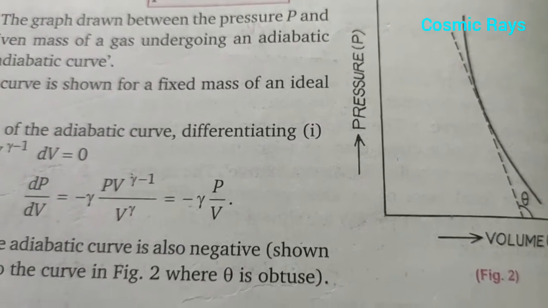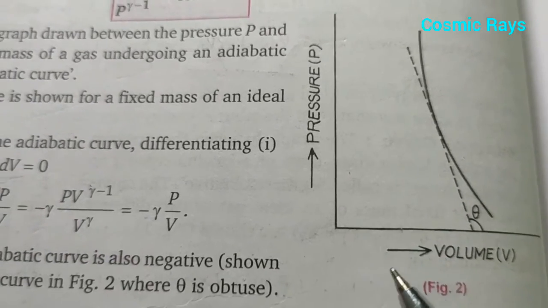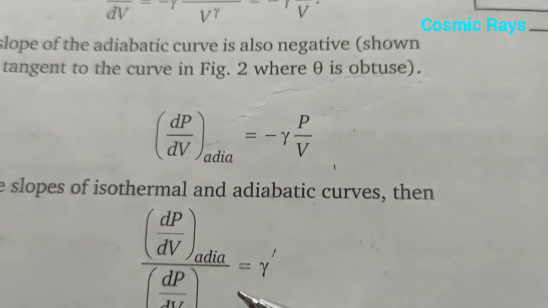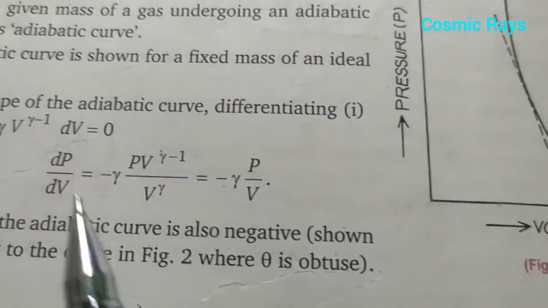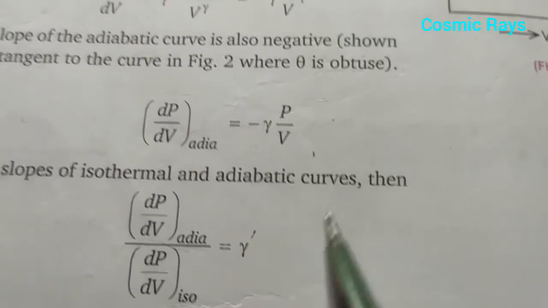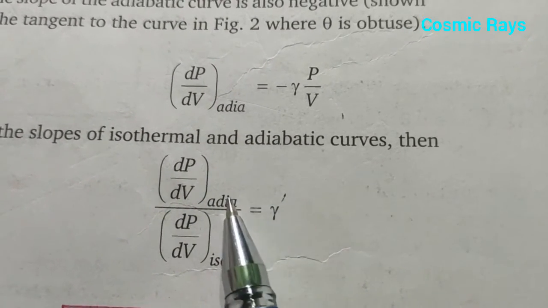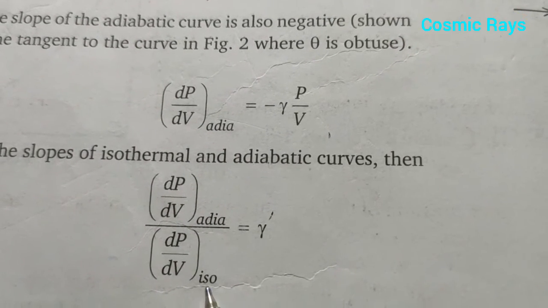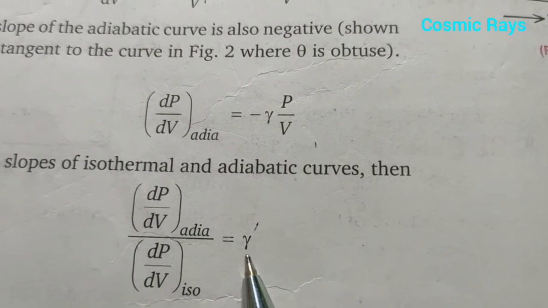Now we will compare the slope of the isothermal curve and the slope of the adiabatic curve. The slope of the isothermal curve, if you remember, is minus P upon V, and the slope of adiabatic curve is minus gamma P upon V. So when we take the ratio for adiabatic, slope of the adiabatic curve to the isothermal curve, minus and P by V cancel out, we are left with gamma.